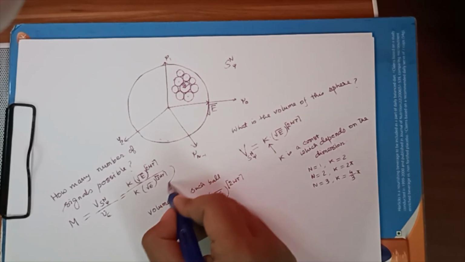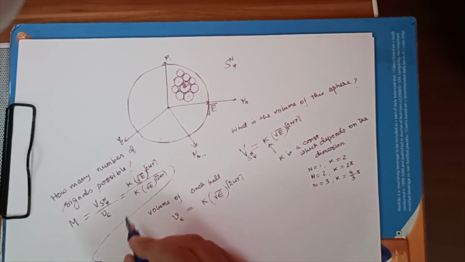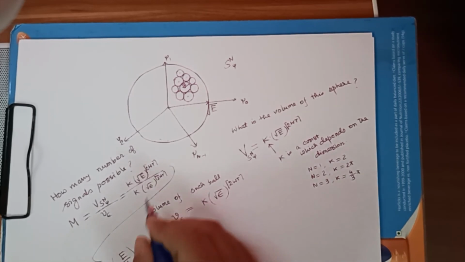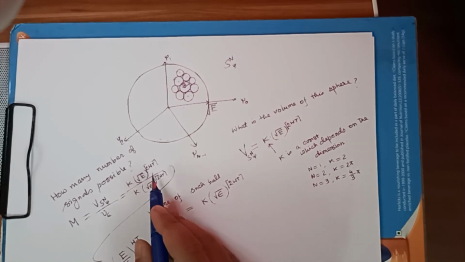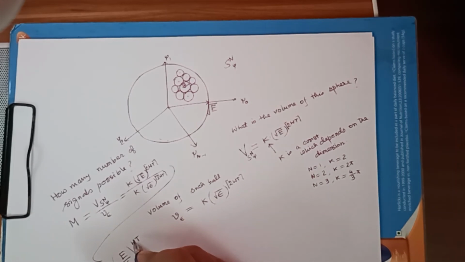So k cancels out, so E by epsilon whole to the power around 2WT divided by 2.